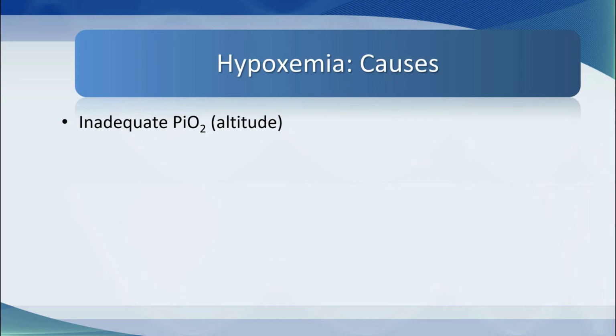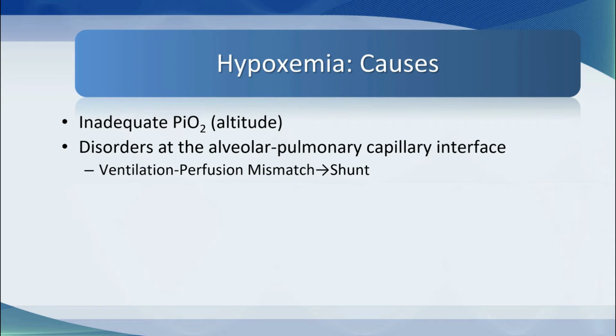The higher you go up, the thinner the atmosphere is, the lower the pressure, the lower the inspired oxygen tension, because oxygen is always 21% of inspired gas. And that's why if you decide you're going to climb Everest, there comes a point where you will need supplemental oxygen just to stay alive.